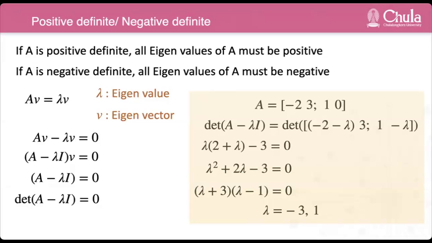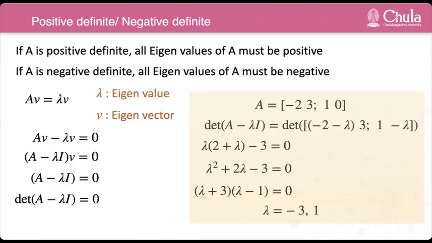So AV minus lambda v equals 0, right? Because we have the same v, we can write this way, A minus lambda, okay?